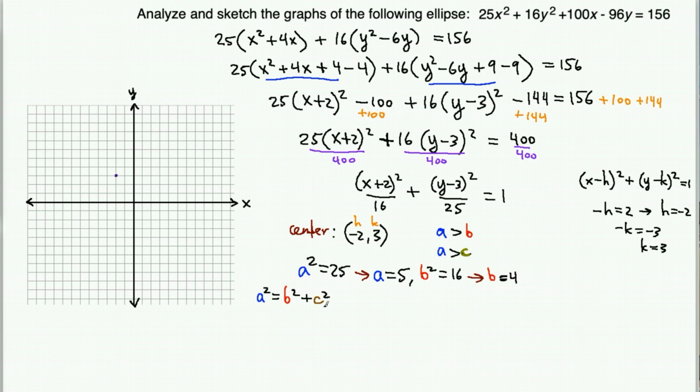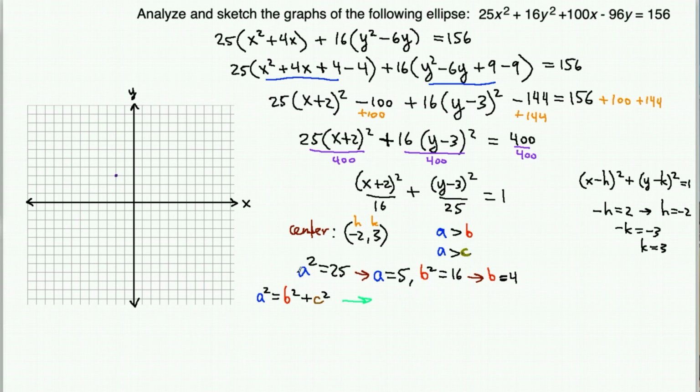So now that we've found this equation, we can solve for c, right? We can substitute in the numbers for a and b and solve for c squared. So let's use that equation. We're going to have 5 squared because that's the a value. So 5 squared is equal to the b squared, which is, now let's put 25.